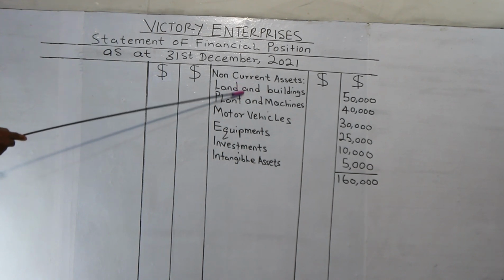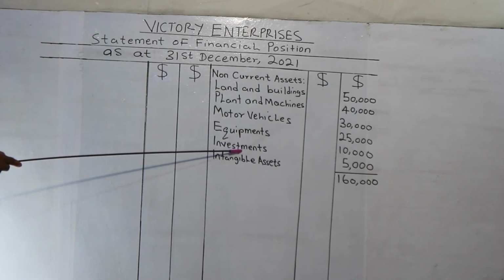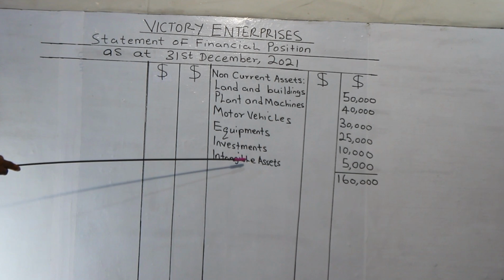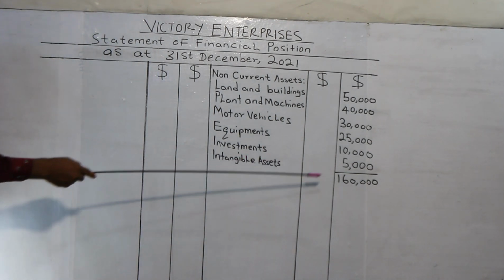Now, these assets are purchased in the organization, not for sale. This is not what they are selling, but they are using these assets to run the business, to generate wealth. And they have also made investment in another company, maybe in the form of purchase of what? Shares. They also have intangible assets to the tune of 5,000.